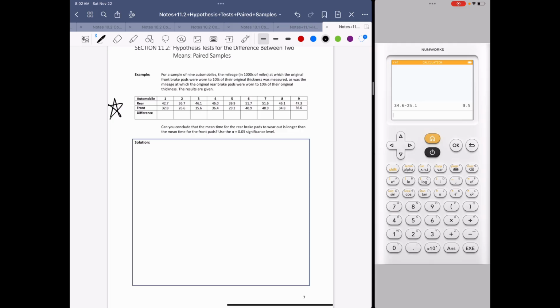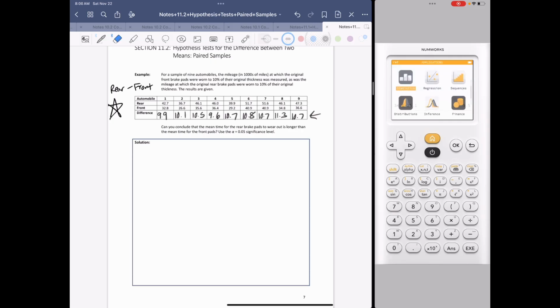All right, so what we're going to do, pause the video and find all of your differences. And what I'm going to do is rear minus front. So everybody pause and then come back on once you've subtracted them. Once you've got your differences, check them with mine, enter them in the calculator, just the differences. Once you've done that, turn the video back on.